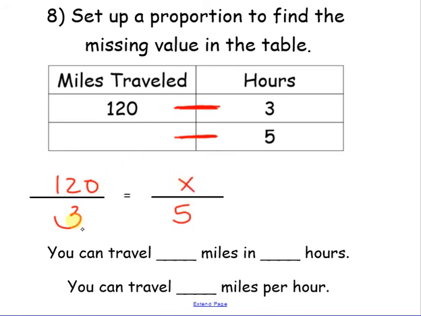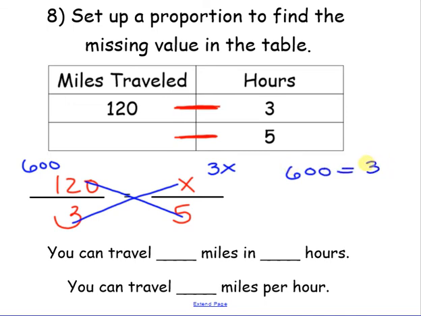I'm going to cross multiply. 3 times x is going to be 3x. 5 times 120 is going to be an even 600. Set them equal to each other. 600 equals 3x. Box my variable. Divide by 3. Do it to both sides to be fair. These guys cancel out.